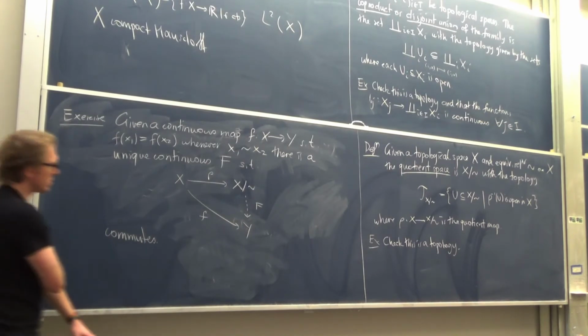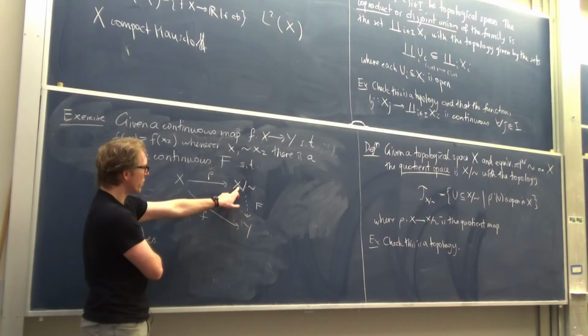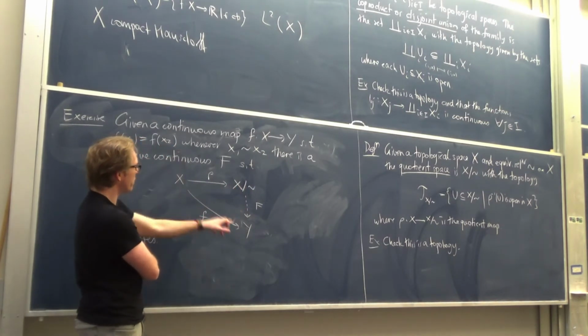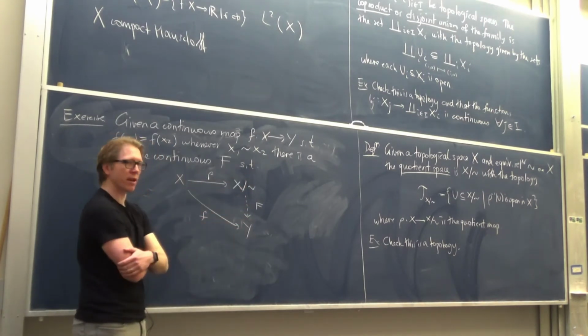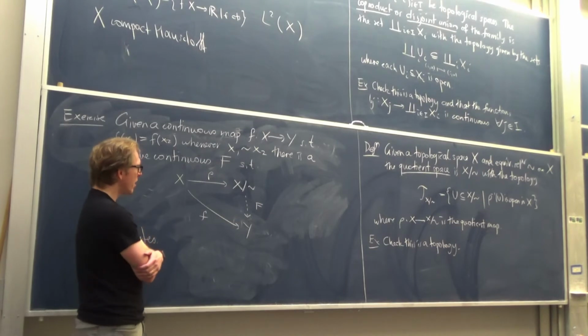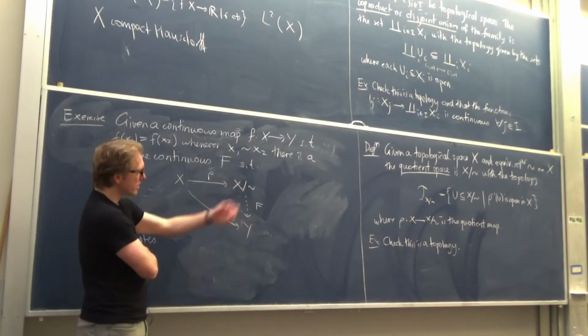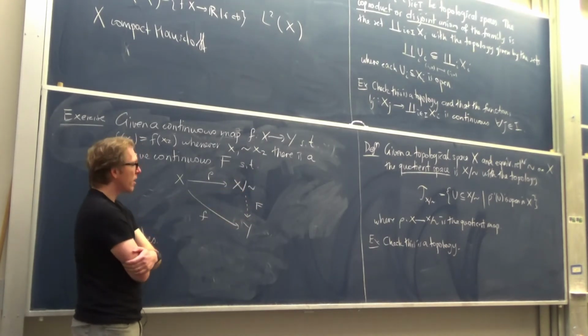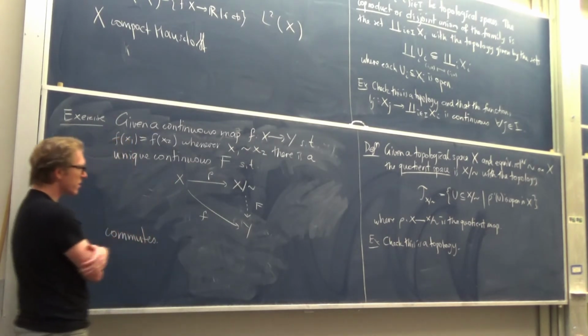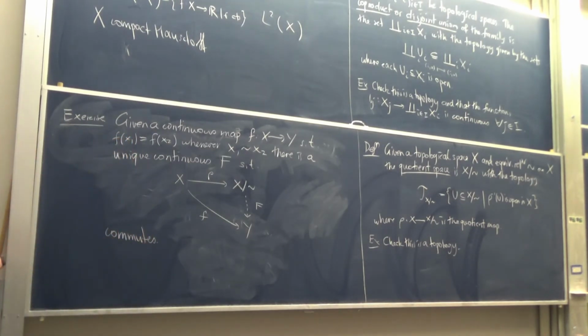All right, so capital F just sends an equivalence class. Well, everything in the equivalence class goes to the same place by hypothesis, so it's clear how to define F at the level of sets as a function. And then the topology guarantees that F is continuous. And the uniqueness is clear because it's the unique function that makes that work. Okay.